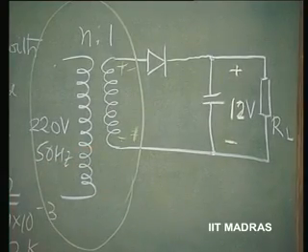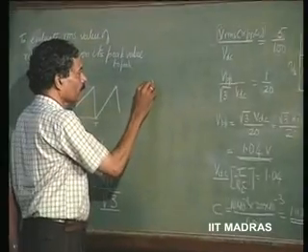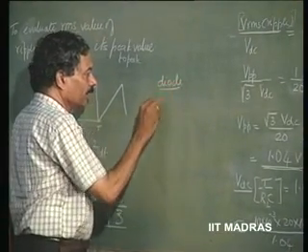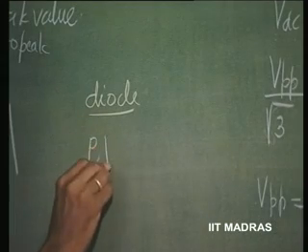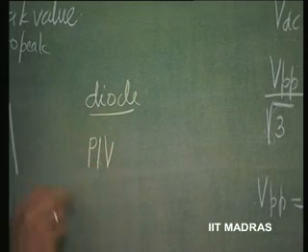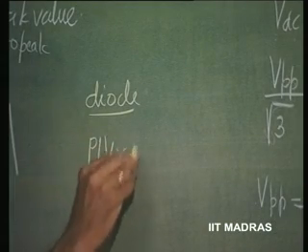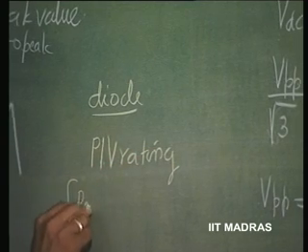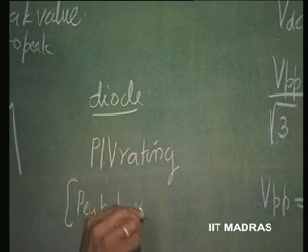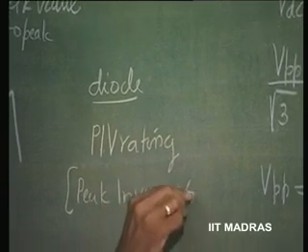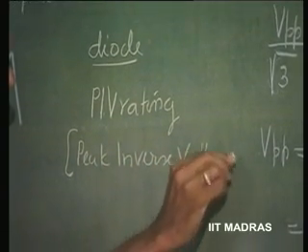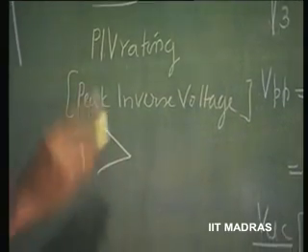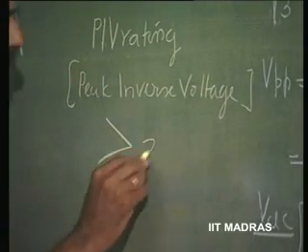So, the diode specification, the peak inverse voltage rating, PIV rating for the diode, should be greater than our 24 volts.